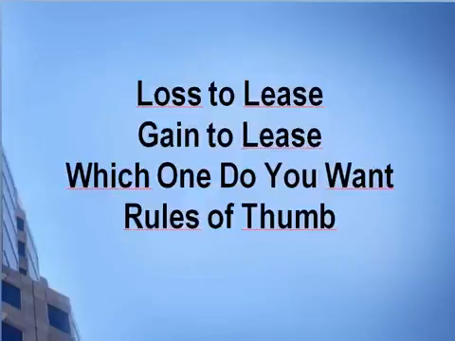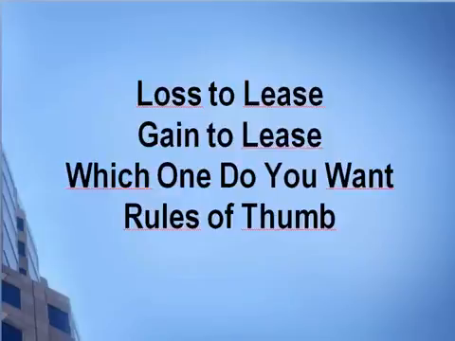Loss to lease, let me explain something to you. If we had determined when calculating the gross potential rent that the market rent on one of these units was $1,000 a month, and then we went to look at the gross scheduled rents, what we had leased these units out for, and we find out that we had leased them out for $900 a month, that means that there is a $100 per month loss to lease.